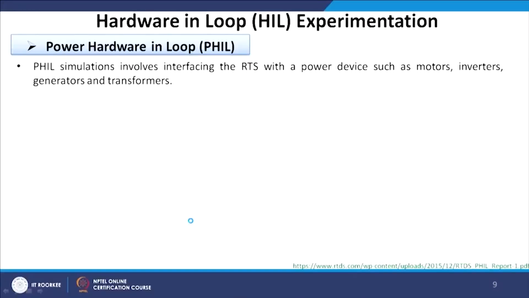In case of power hardware in loop simulation, PHIL simulation involves interfacing the simulator, that is RTDS, with a power device such as a motor, inverter, generator and transformer, and the real time simulator and the power device exchange power over the PHIL interface.